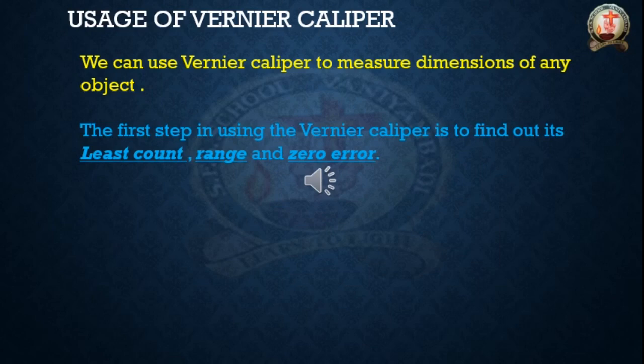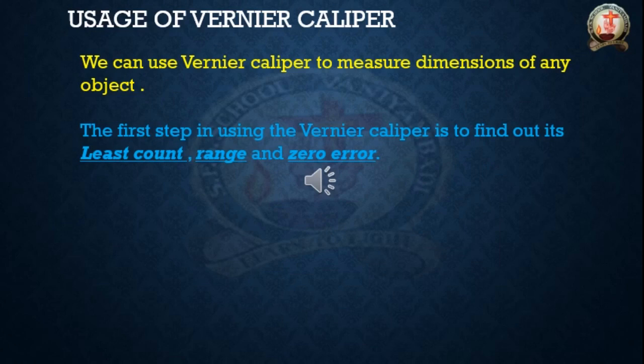Zero error means no error, no manufacturing defect in that vernier calipers. That vernier calipers is perfectly alright, perfect, to measure the dimensions of any object. So now we should discuss one by one what is least count.